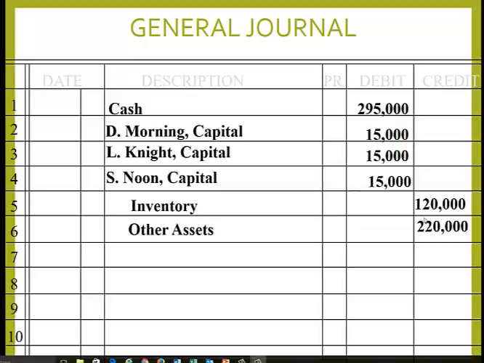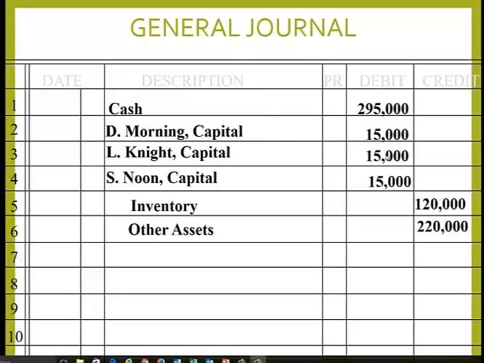So we have a total in assets of $340,000 that we sold for only $295,000. That means we have a loss on the sale of these assets, and that loss, just like the gain earlier, has to be distributed to the three partners equally.